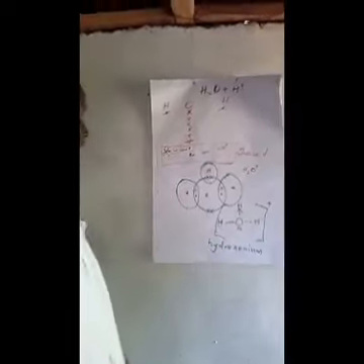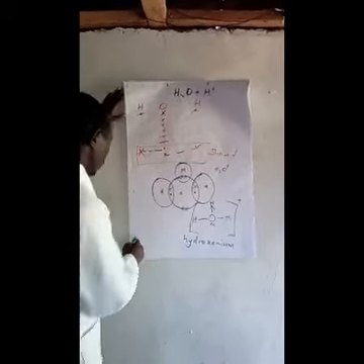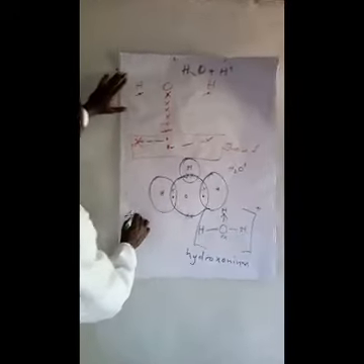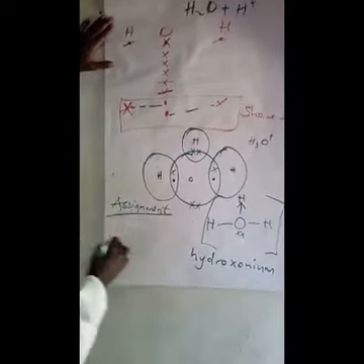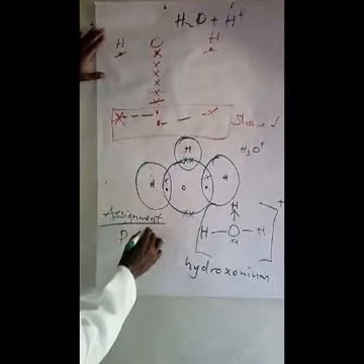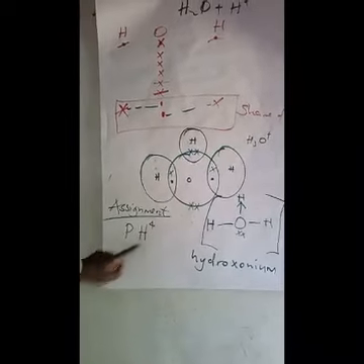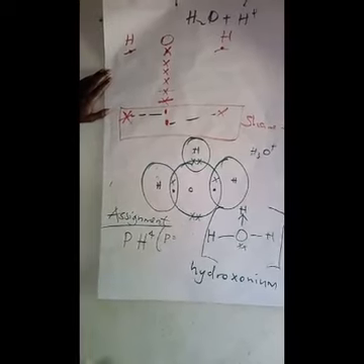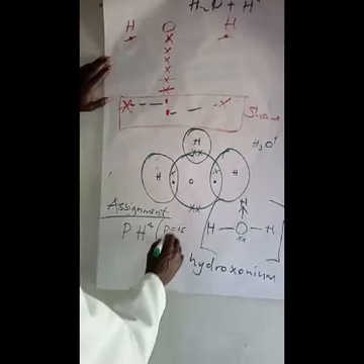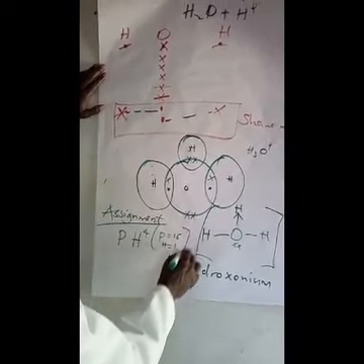Now, for your assignment, I want you to try PH4 plus. P is phosphorus, and of course, we know phosphorus is number 15. Hydrogen is number 1.